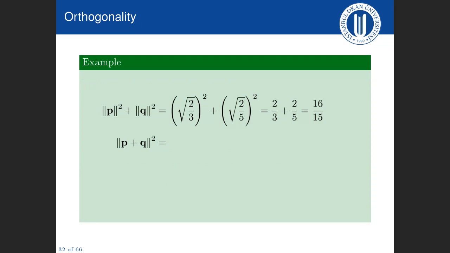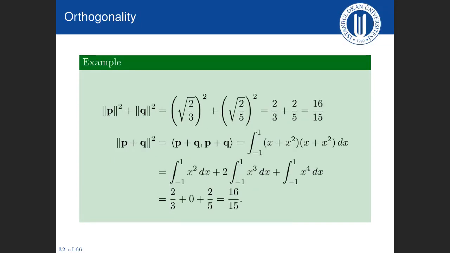Norm of p squared plus norm of q squared. Because we've done this already, we can see that this must be 2 over 3 plus 2 over 5, or 16 over 15. Do we get the same thing if we calculate the norm of p plus q squared? We should, by the theorem.